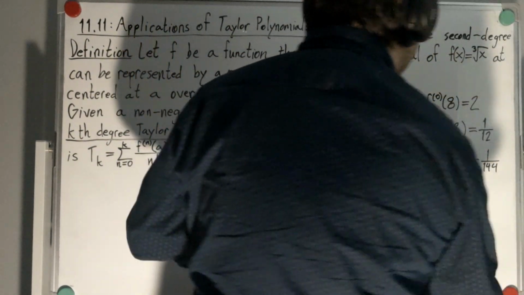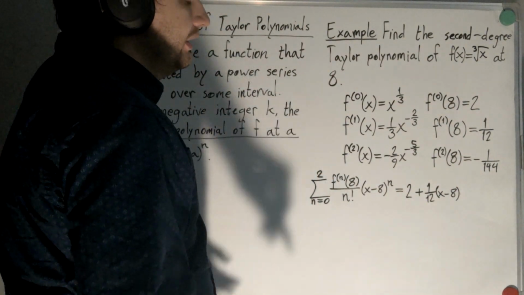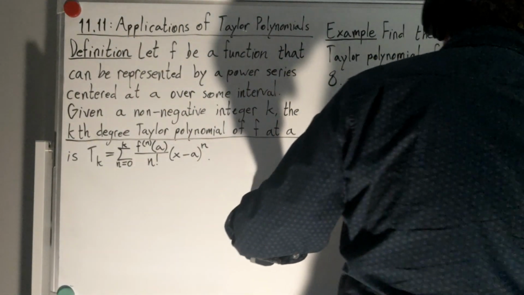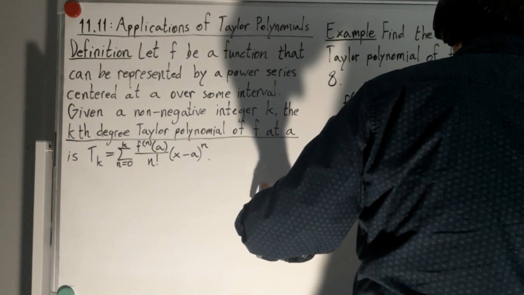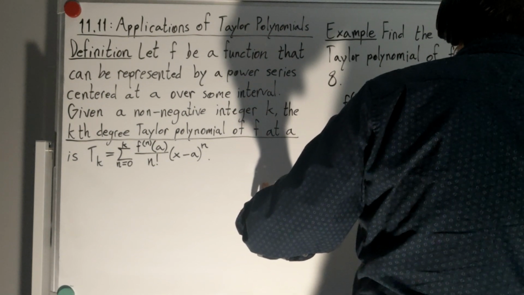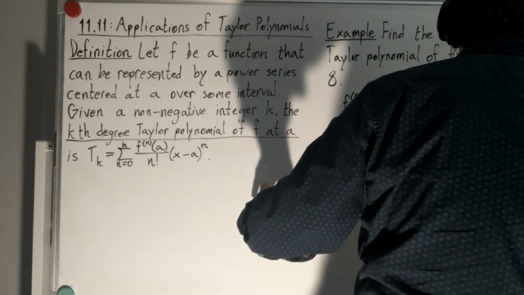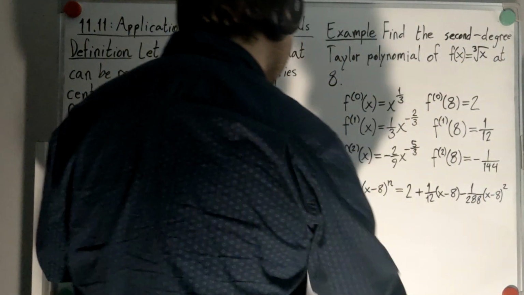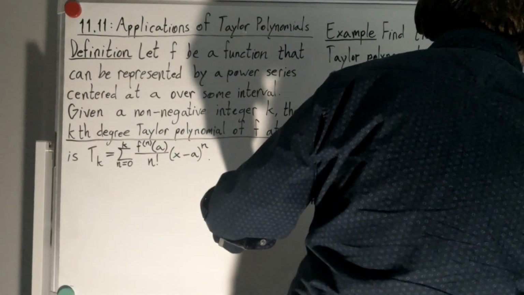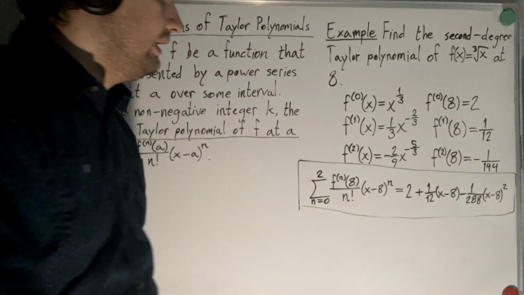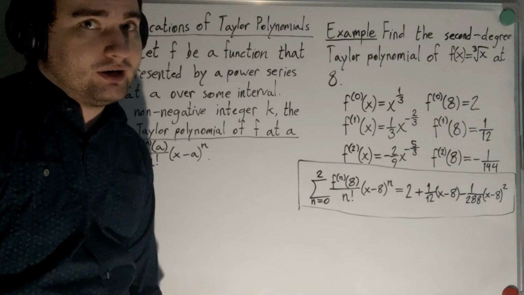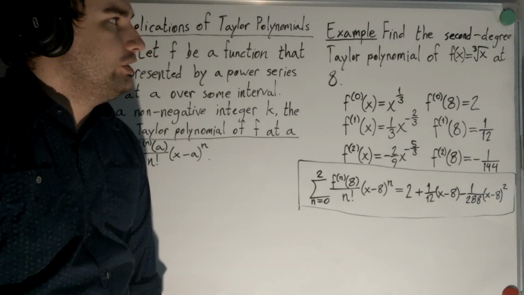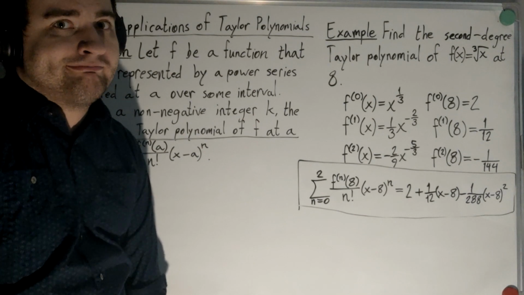Okay, now you're going to want to divide this by 2 factorial. That's going to give you negative 1/288. And then you have x minus 8 raised to the second. Anyway, that is the second degree Taylor polynomial of the cube root of x at 8.